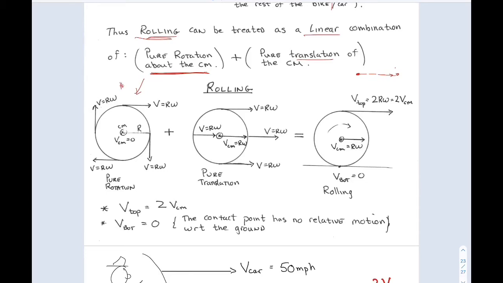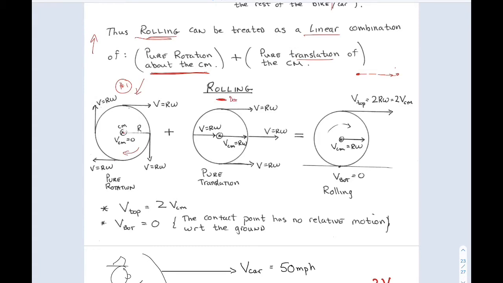So here's what the wheel is doing. Motion number one: it's purely rotating about the center of mass. That was the first picture we had way up there. The center of mass isn't moving. Here's the wheel you're holding in your hand, rotating about that point. But the wheel is also doing what the door handle is doing.